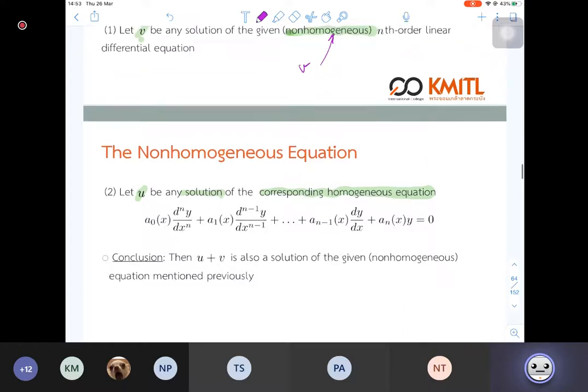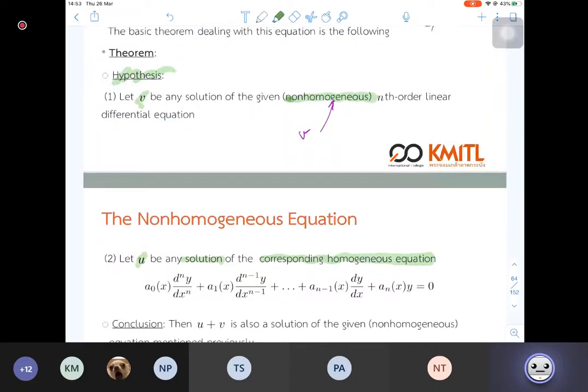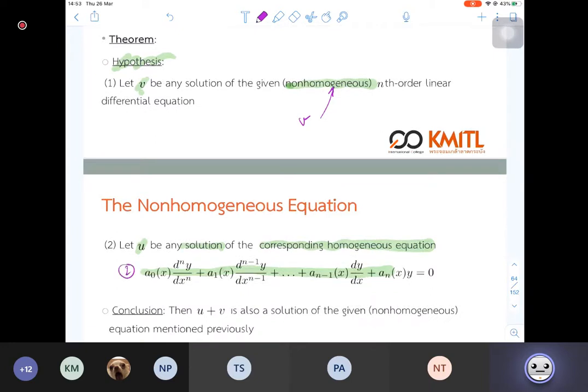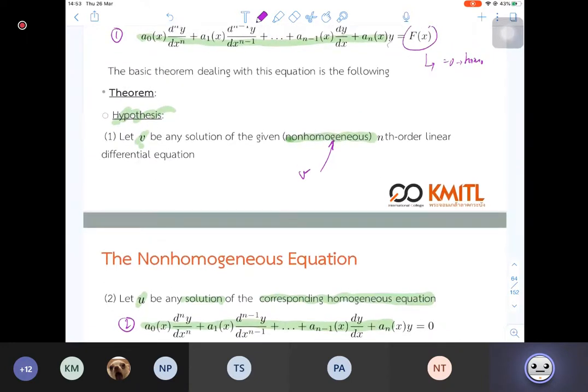The corresponding homogeneous equation means that you have the same left-hand side in these two equations. However, the right-hand side in the second equation would be 0 because it is homogeneous. Corresponding means the same left-hand side, and homogeneous means 0 on the right-hand side.